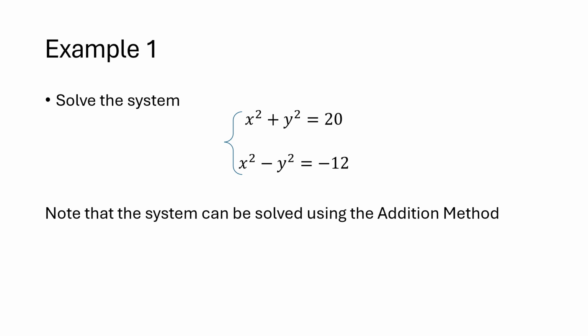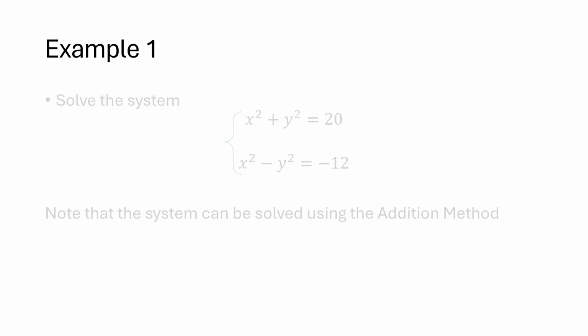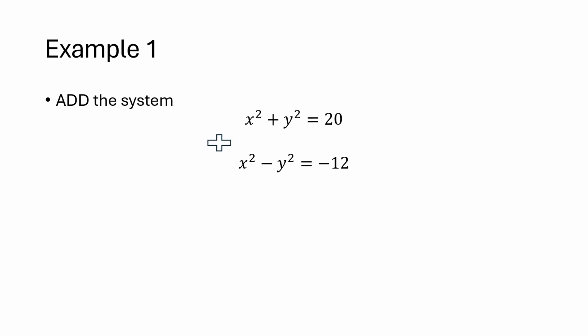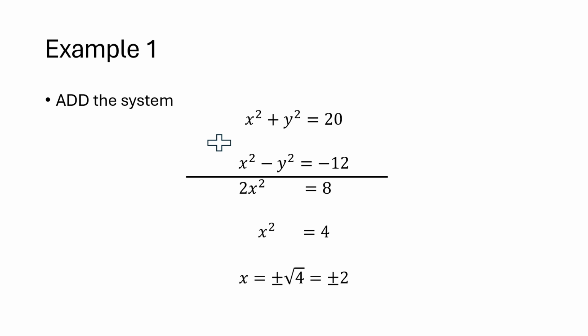So we're going to go ahead and add the two equations. And by adding the two equations, we obtain 2x squared equal 8. By dividing by 2 on both sides, x squared equal 4. Therefore, x equal plus or minus 2. Keep in mind that we still need to solve for y.